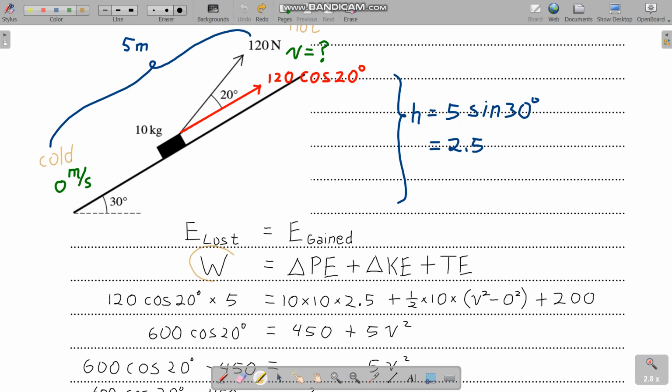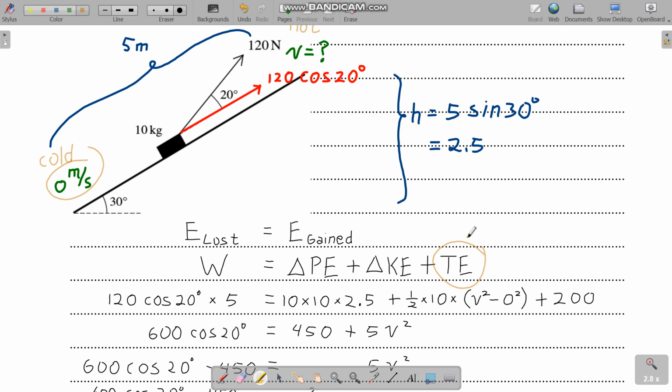So this is the work done by the pulling rope. For the energy gained, we have potential energy because it's going somewhere higher. We have kinetic energy because from 0 we have some velocity, it's going faster. And we have thermal energy because of the friction or resistance.